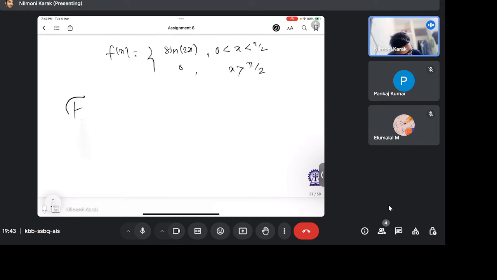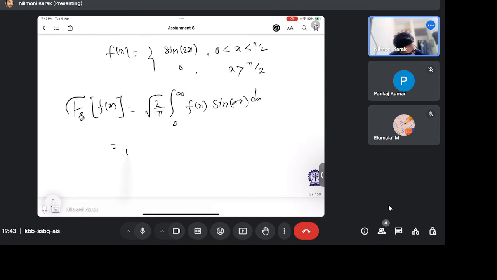I already told you, the Fourier sine transform of f(x) is root under 2 by pi, integral 0 to infinity f(x) sine alpha x.